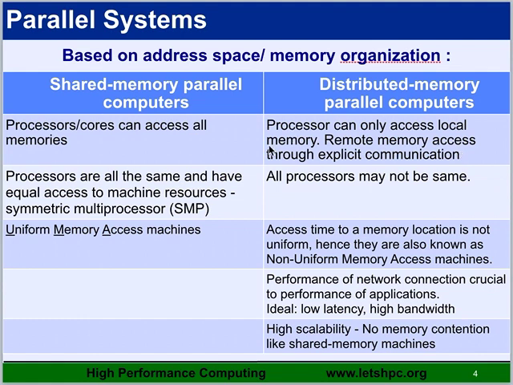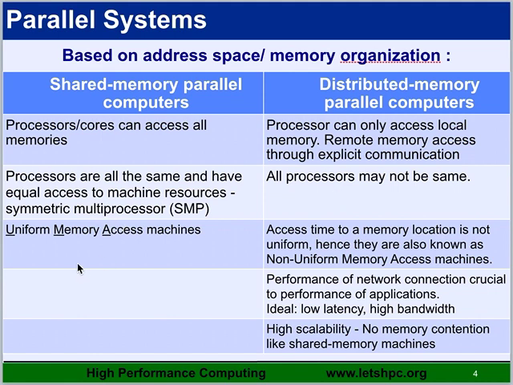In case of shared memory systems, processors are generally all the same and have equal access to machine resources. We also call it a symmetric multiprocessor. In case of distributed memory computers, all processors may not be the same. You can connect different kinds of processors through those communication networks, and you can make a cluster out of that.